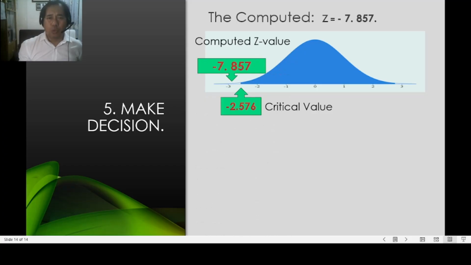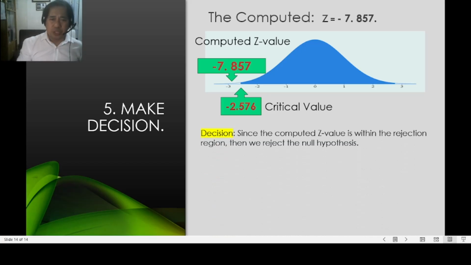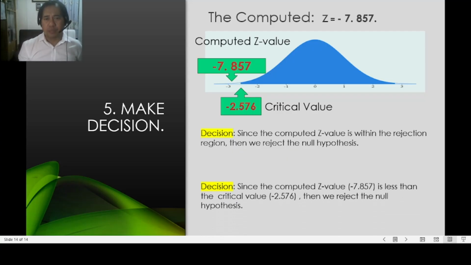Thus, when the computed z value is within the rejection region, we can make a decision saying that since the computed z value is within the rejection region, then we reject the null hypothesis. Or this can be stated in another way.